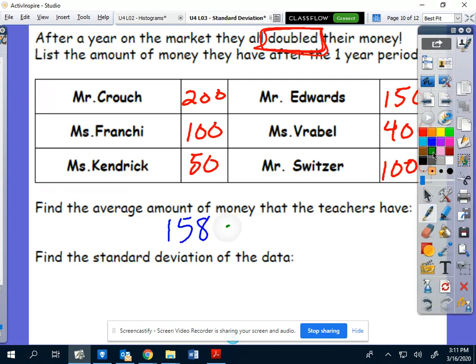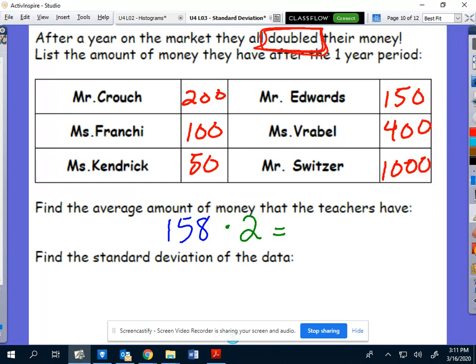So if we double that $158, that would be now $316. So just like when we added the same amount every single time, our values are going to double, then we just double our mean as well in the same exact way.